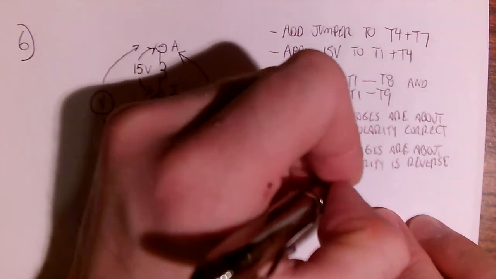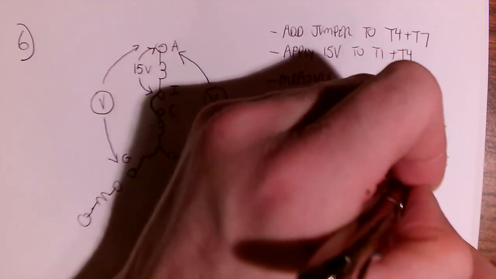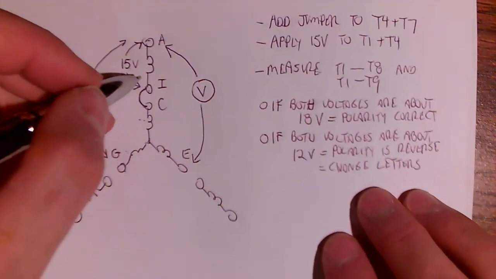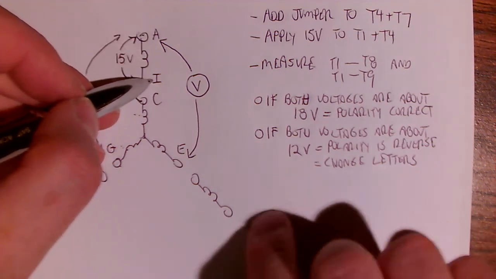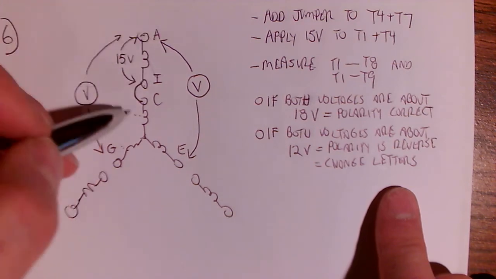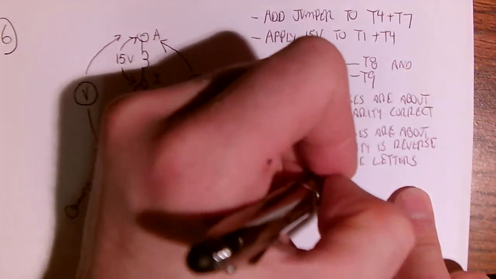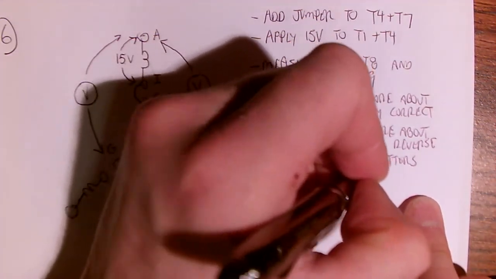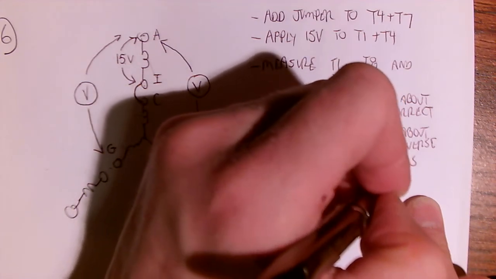So then change letters. So that means that A becomes I and I becomes A. And when I say letters, I mean the letters of T1 and T4. That's the only thing that we're dealing with. Again, C, E, and G don't ever change. So change letters: T1 becomes T4 and T4 becomes T1.